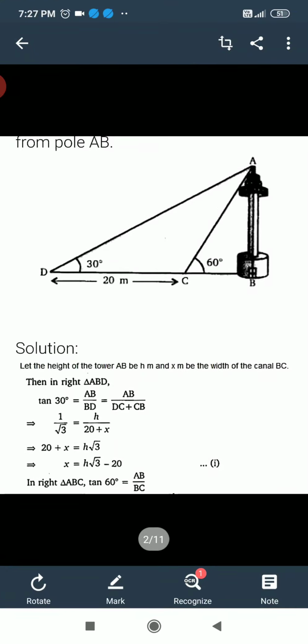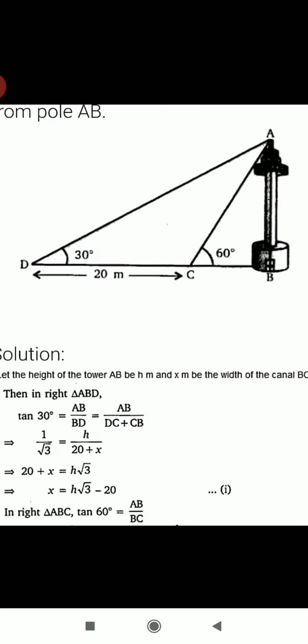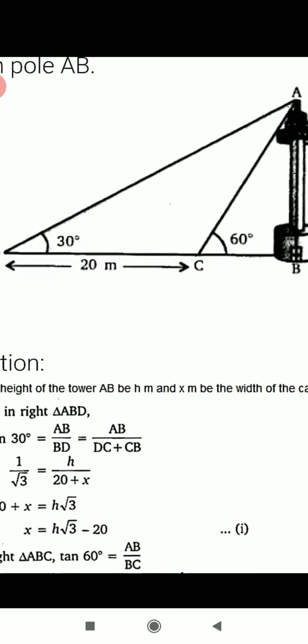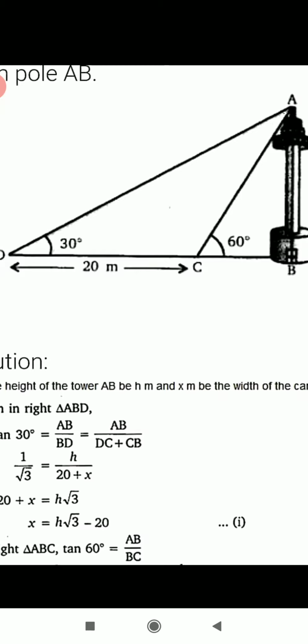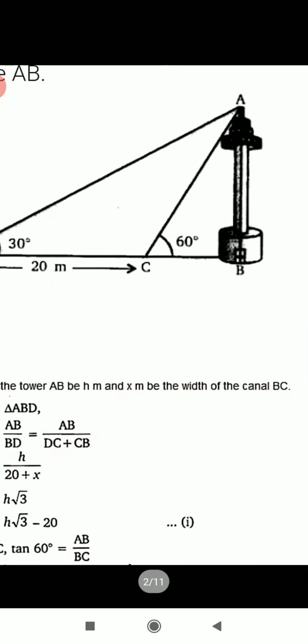Now according to the figure, the solution is: let the height of the tower AB be H meters and X be the width of the canal BC. BC is the width of the canal. C is one bank and B is the other bank.